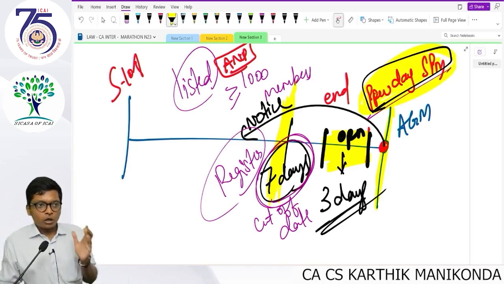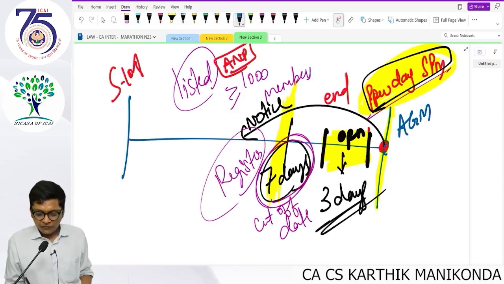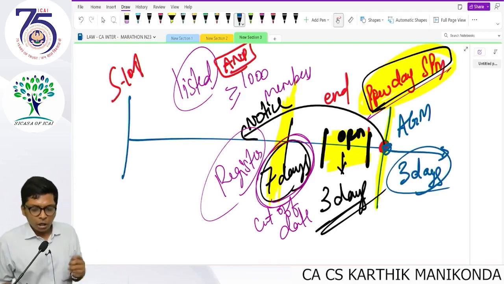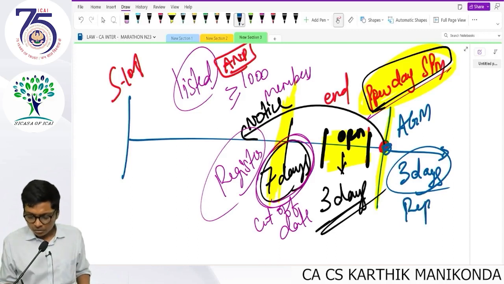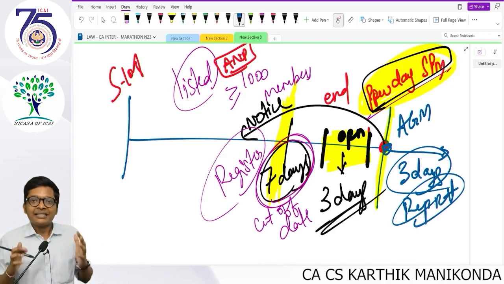Somebody who voted in electronic mode, can he come and vote in AGM also again? No. But somebody who has not voted in electronic mode, can he vote in AGM? Once the AGM gets over, the result will be given within 3 days. Not result, basically the consolidated report will be given within 7 days.